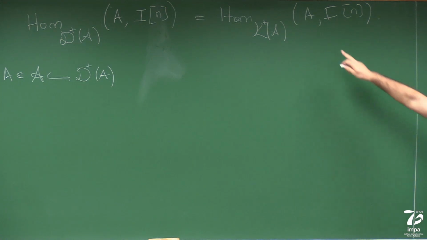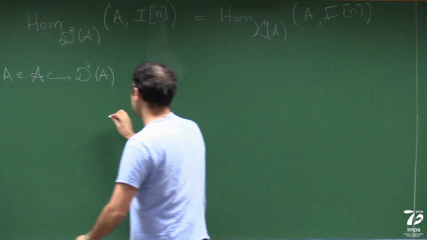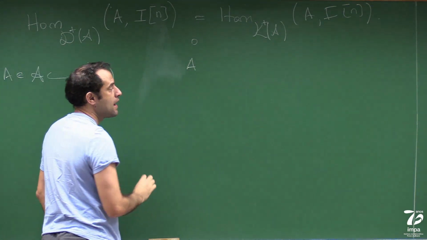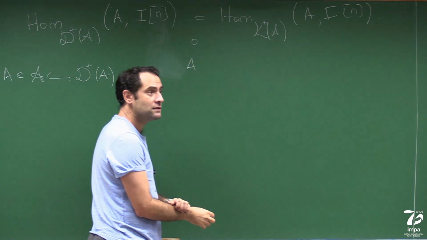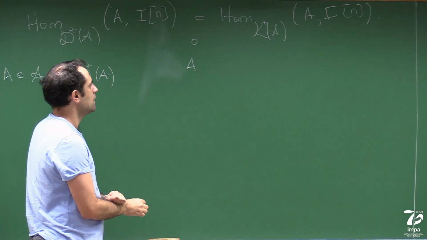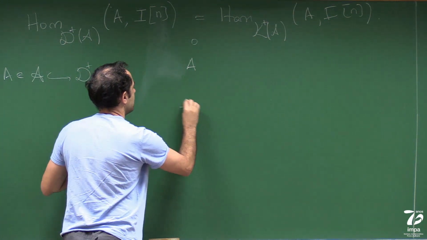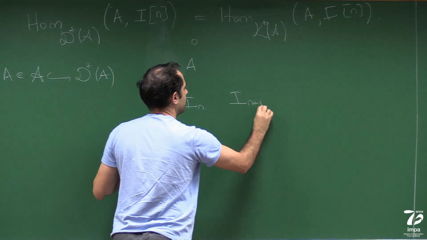Now, what is such a morphism of complexes? So I have my A, which sits in degree 0. And now I have this complex of injectives, which is shifted by n. So that means that the degree 0 piece of that is I^n, the degree 1 piece is I^(n+1).